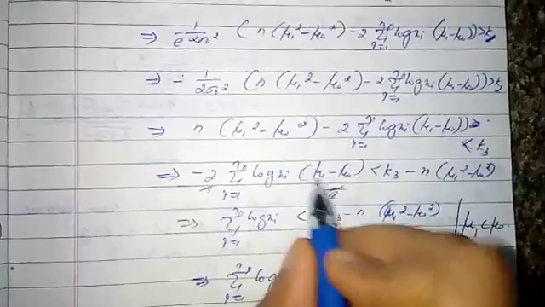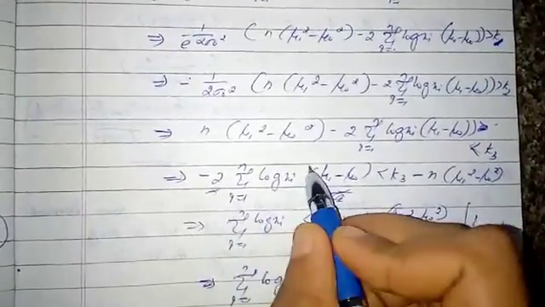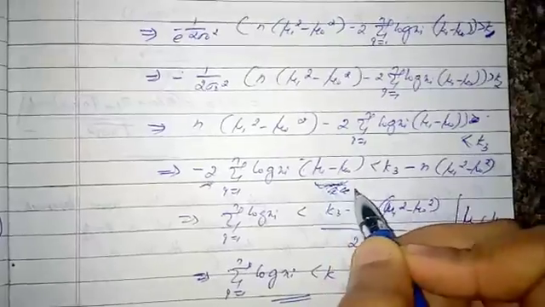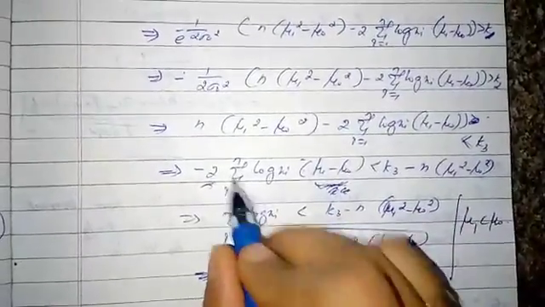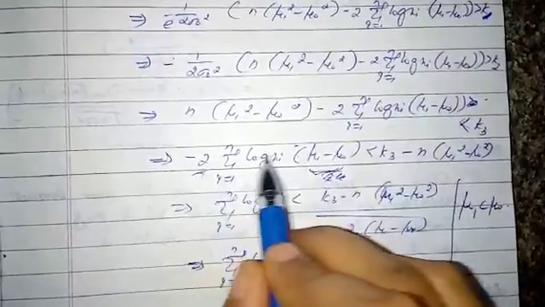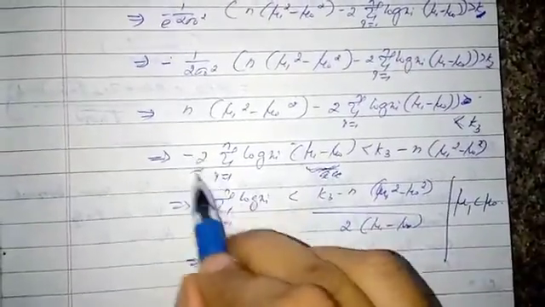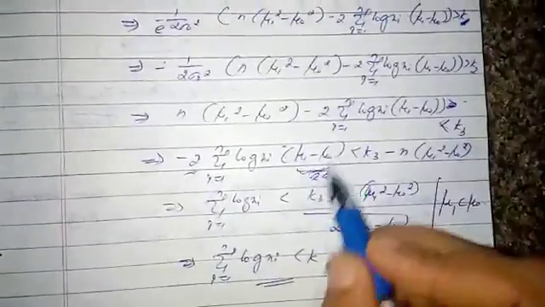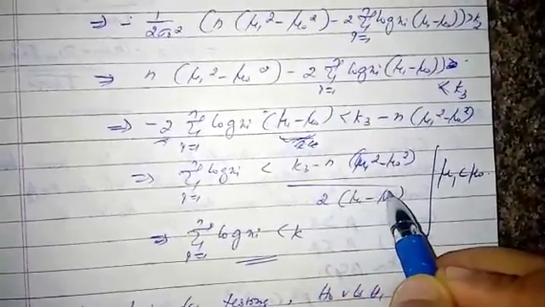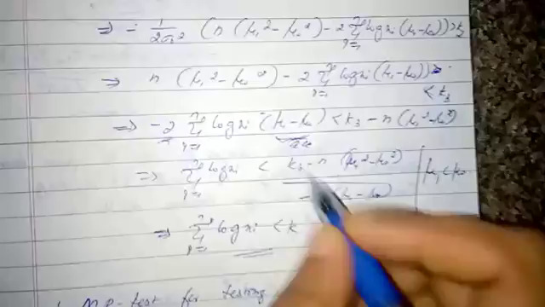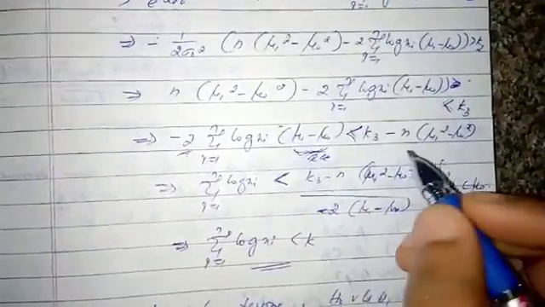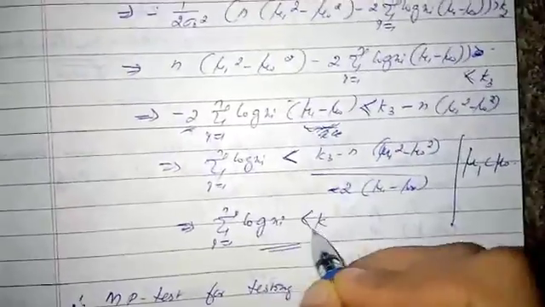Negative into negative is positive, so we divide by this term, minus 2 into mu1 minus mu naught. This term is positive, so the sign remains the same, that is, summation log xi less than k.